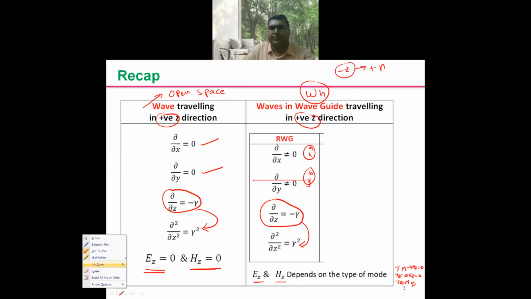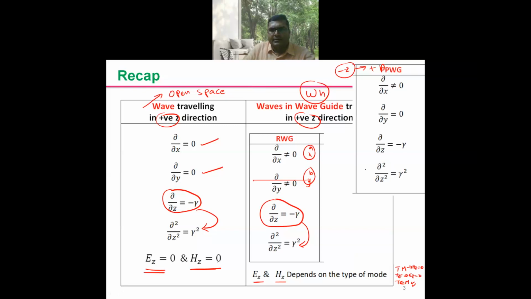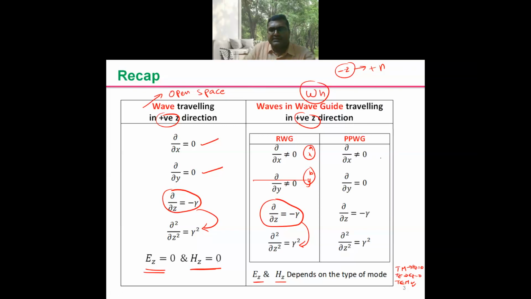And for parallel plane waveguide, the separation between the planes along x-axis is equal to a, and the waveguide is infinitely extended along y-axis. For that reason, ∂/∂x is not equal to 0 and ∂/∂y is equal to 0. As the waveguide is infinitely extended along y-axis, the field components are assumed to be constant with respect to y-axis.